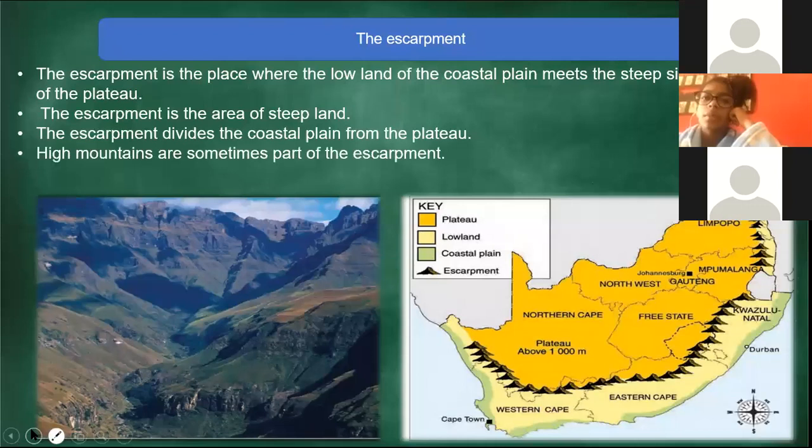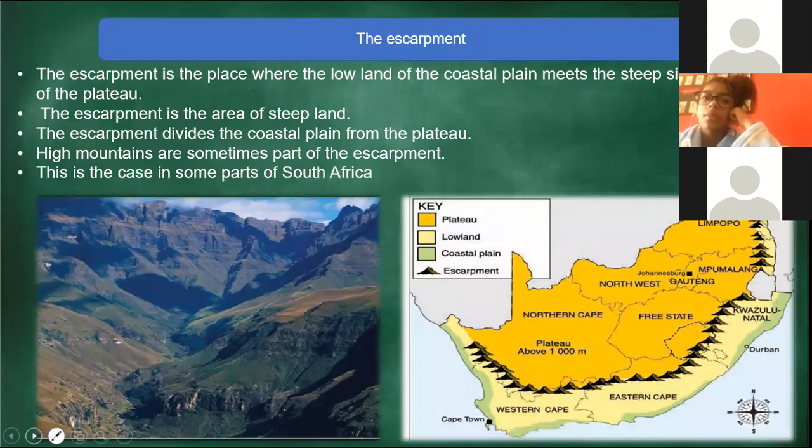High mountains are sometimes part of the escarpment. So when you see a higher mountain, you should know that it is part of the escarpment. Are we clear? This is the case in some parts of South Africa.